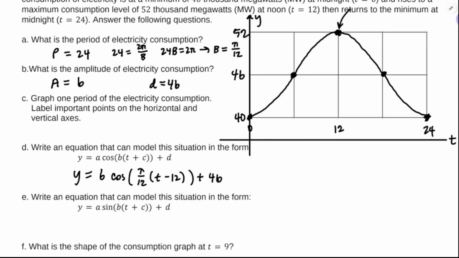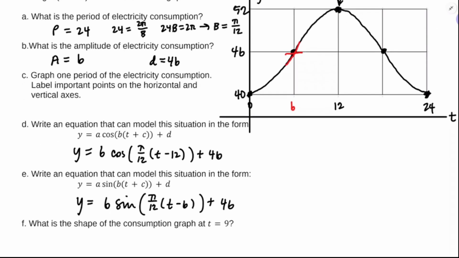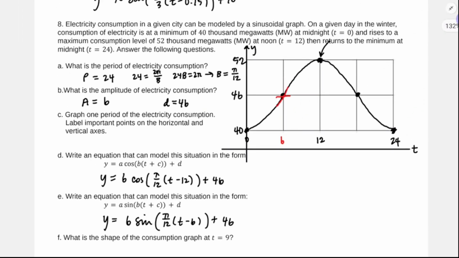Okay, and then for a sine, I'm looking for one just like before that's coming up through the midline, so that'd be right there at t equals half of 12, which is 6. And so y equals a times the sine of b times t minus c plus d, which was, again, 46. Yeah, same midline.